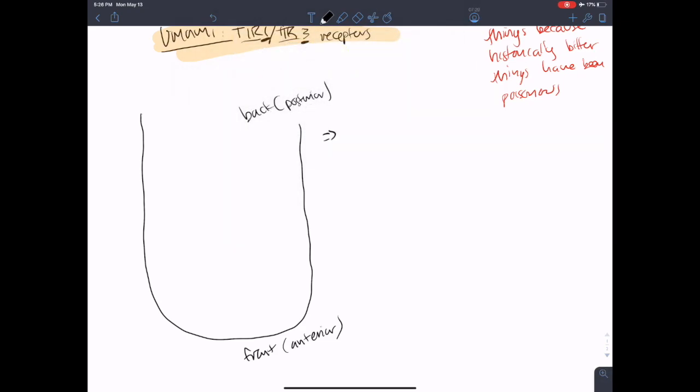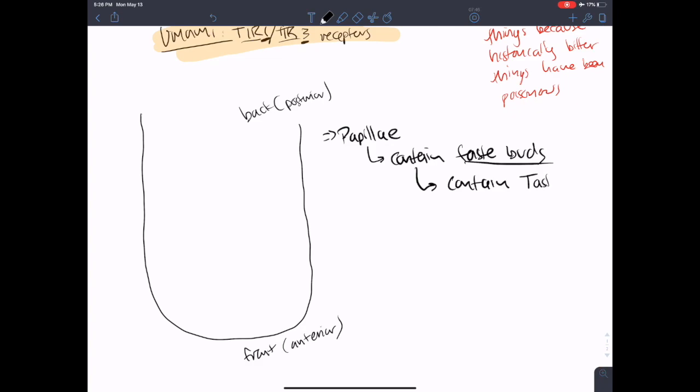Papillae contain taste buds. Taste buds contain taste receptor cells. They're called TRCs.